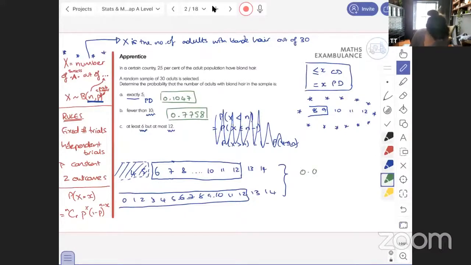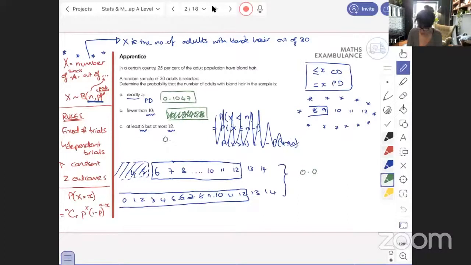And you should get 0.4857. No, that's not true. Sorry. No, that is true. Wait, I'm looking at the wrong one. The first one, 0.1047. The second one, wait, did anybody get the second one right? Yeah, you're completely right. I looked at the wrong question. This one is not that at all.